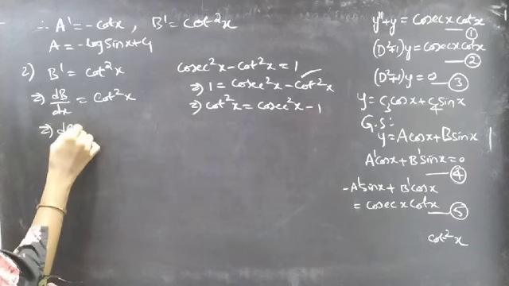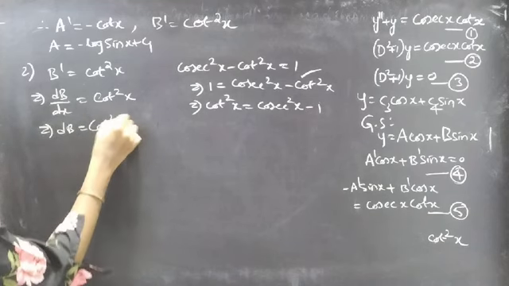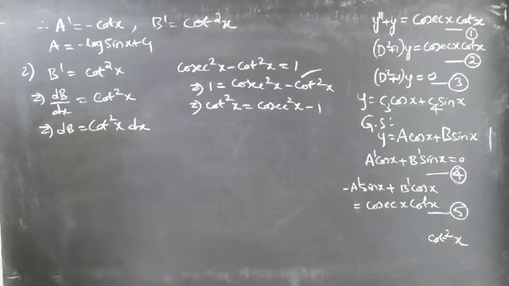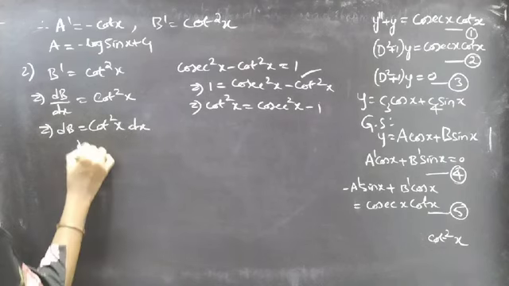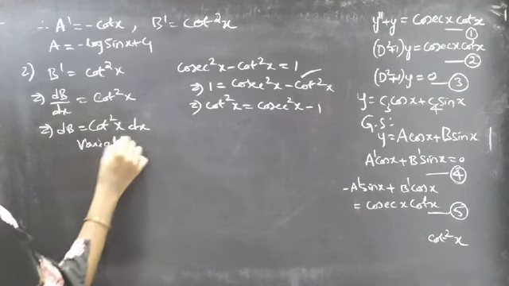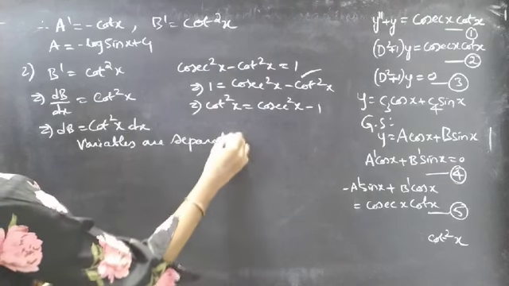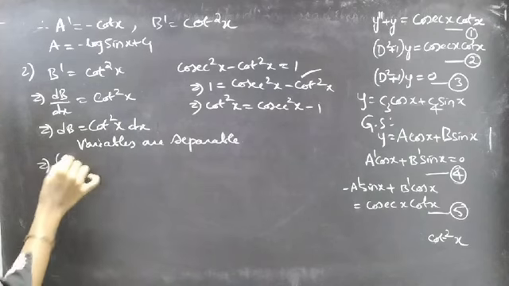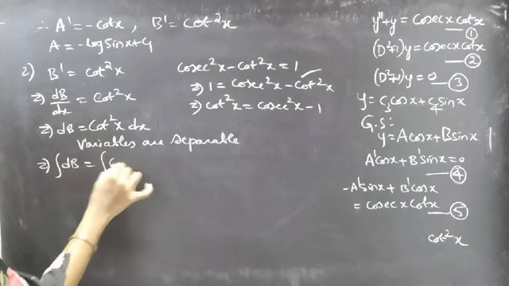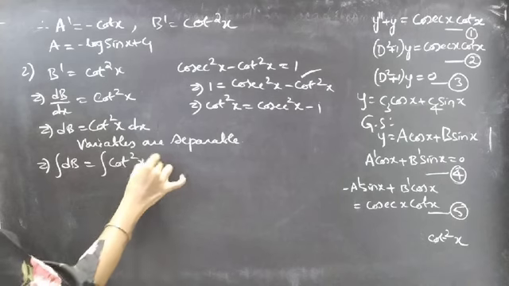Now separate the variables by taking differential dx to RHS. We'll get db equal to cot square x dx, where the variables are separable. Now we can perform integration. We'll get integral db equal to integral cot square x dx.